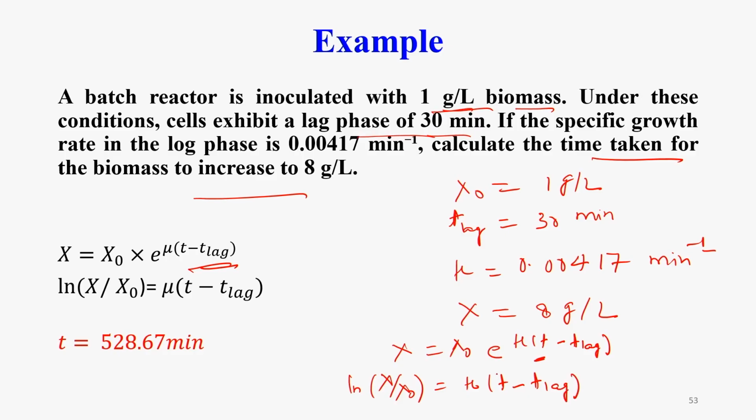All the parameters are known to us, so we can quickly calculate the value of T. This will be 528 minutes. So, it will take 528 minutes, and this already includes the 30 minutes of lag time; if you subtract 30, the rest will be the time in the exponential or growth phase.